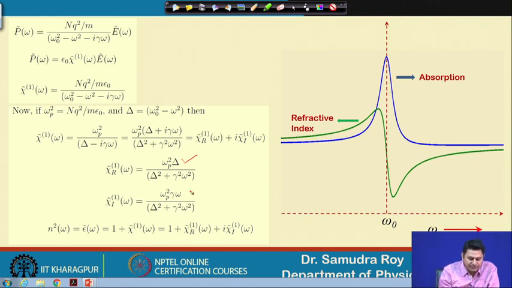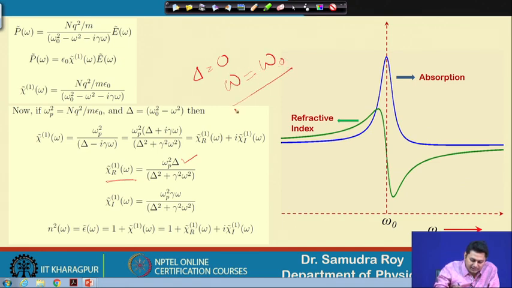So, if I try to plot the real part of the susceptibility, which is defined as chi R, what happens is that I will have a 0 value at the delta equal to 0 point. Delta equal to 0 is nothing but when omega equals omega 0.